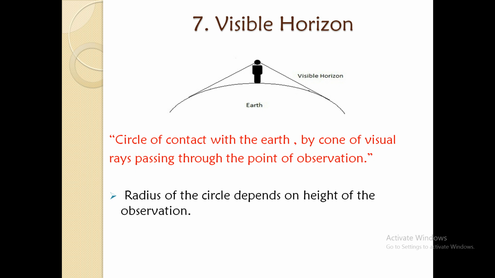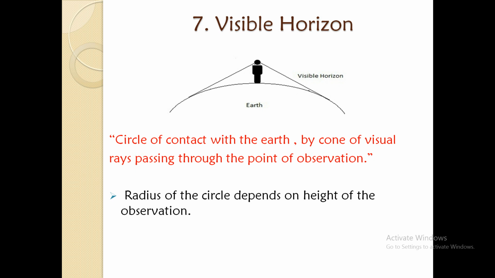Also, if the height of the observer is increasing, the area that we can see will be increased. So the area to which an observer can see, or the cone of visual rays through the point of observation, is called as the visible horizon.